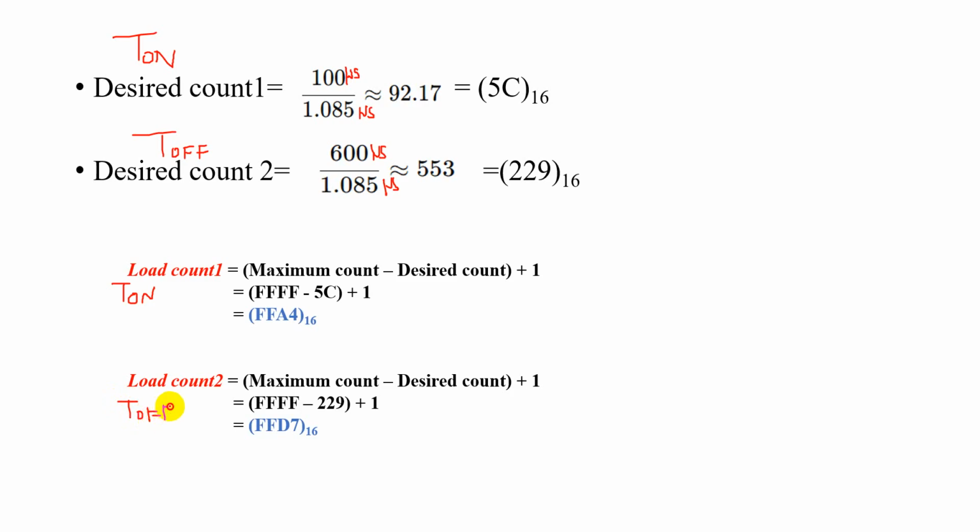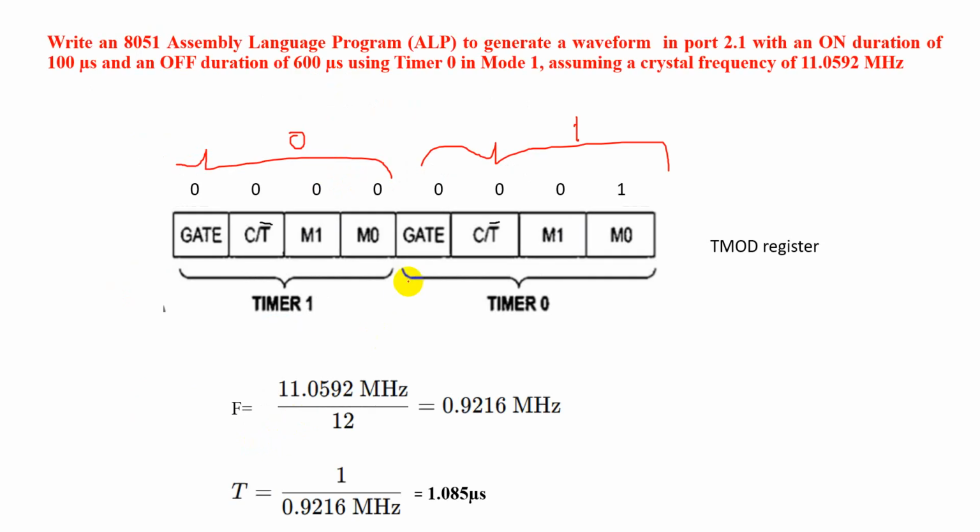Like that we calculate the timer off period: maximum count FFFF minus desired count 229 plus 1. We get the value FFD7. So what we have done is, initially we configured the timer mode.